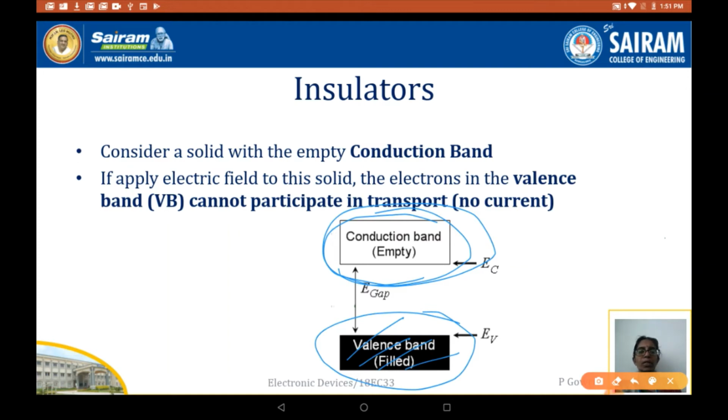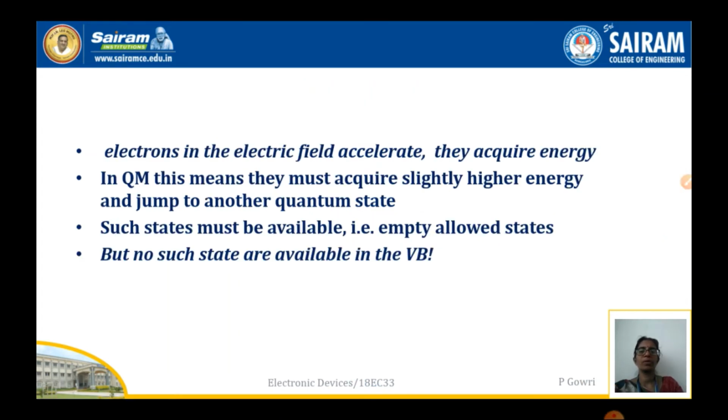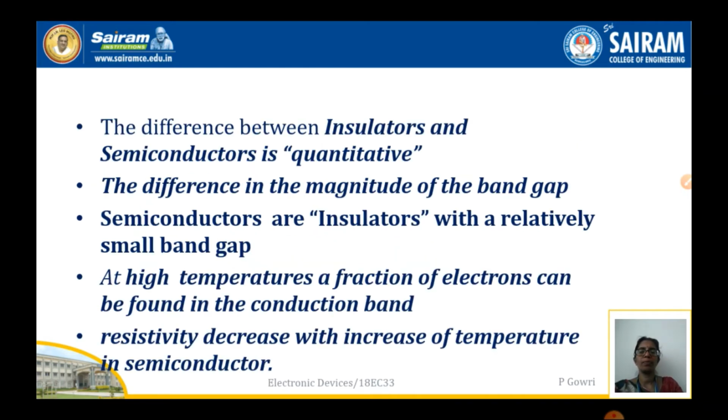The next one is the semiconductors. So what happens in a semiconductor? The difference between insulators and semiconductors is quantitative. The difference is only in the magnitude of the band gap. Semiconductors are insulators with a relatively small band gap.